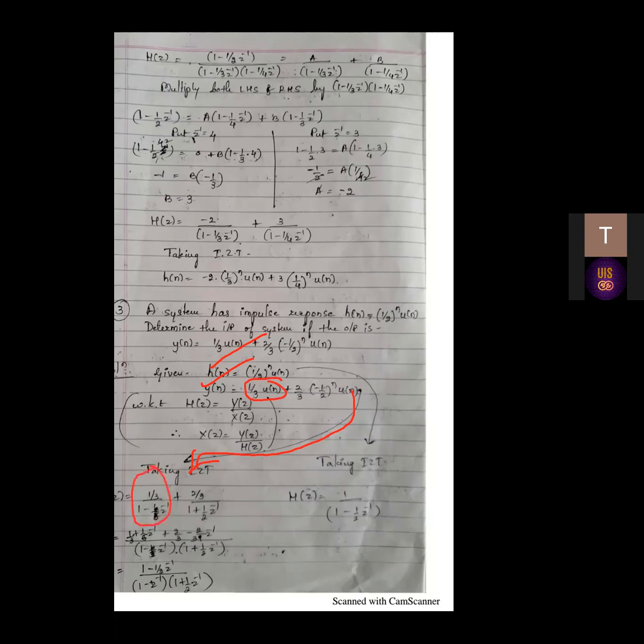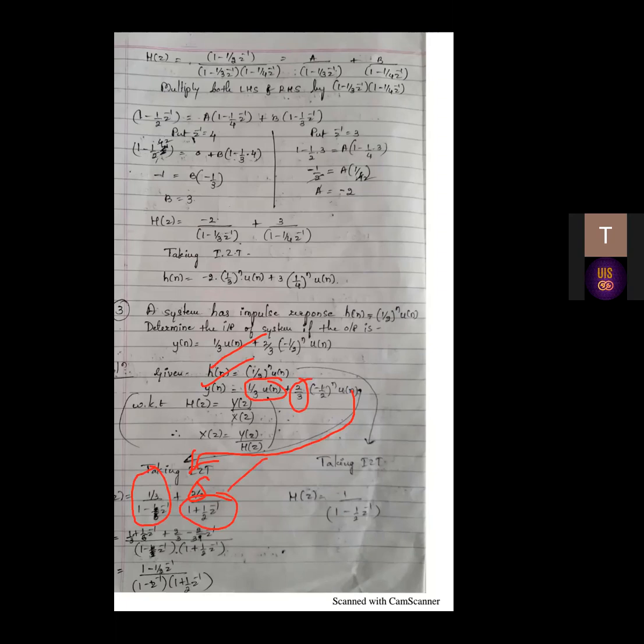That's why I have substituted it like this, plus 2 by 3 as it is. Alpha is minus 1 by 2. Hence, it is 1 by 1 plus half z inverse, or minus of minus 1 by 2 you can write. Again, it will become 1 plus half. Okay. So this is about the z transform of h of n, H of z.